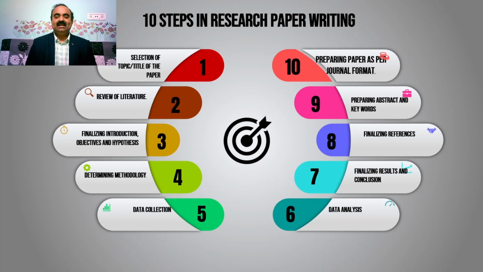Once you finalize introduction of the paper, review of literature, objectives, hypothesis, and methodology, the next step for writing research paper writing is data collection. So if you are going for primary data, you may go for direct observation method, telephonic interview method, normal interview method, questionnaire method, schedule method.